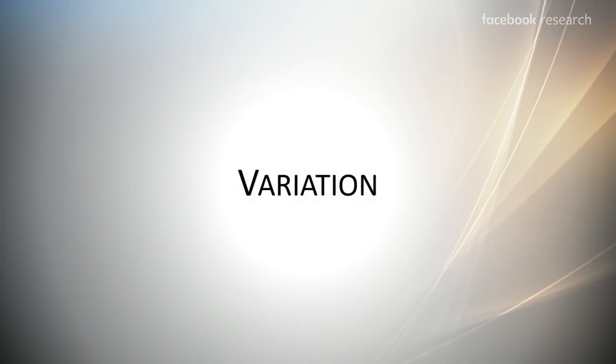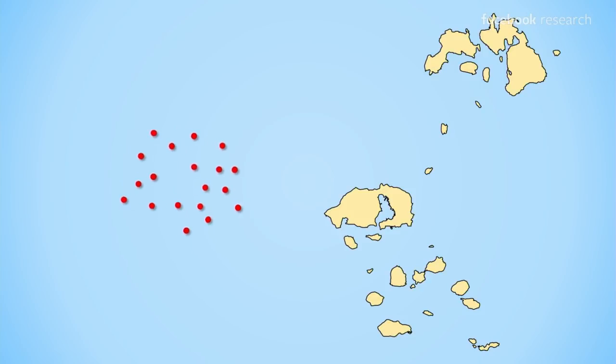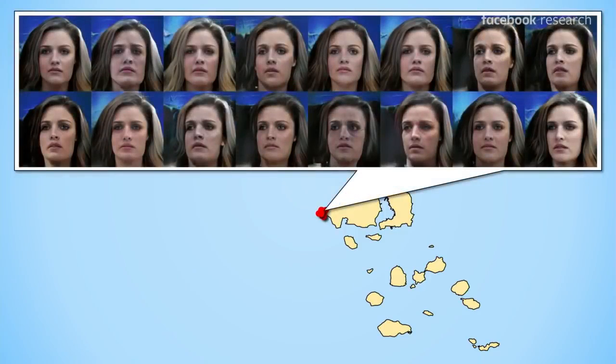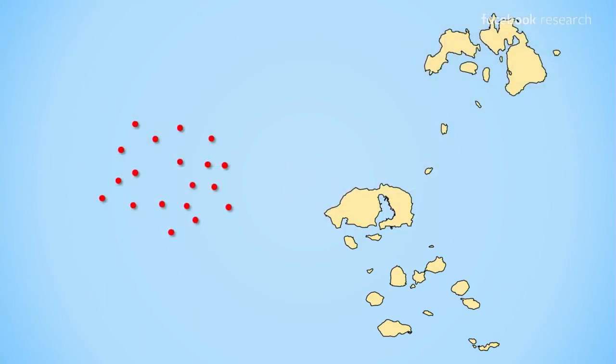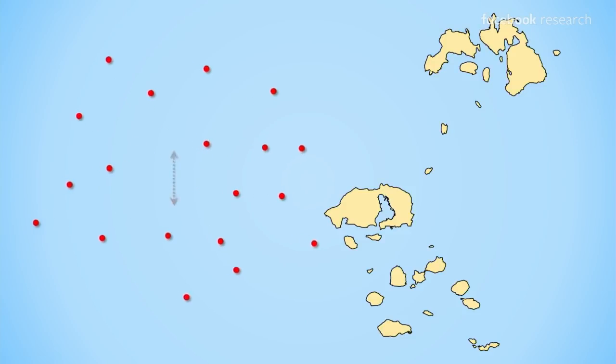Besides quality, we must also consider variation. What often happens is that all of our generated samples flock toward the same nearest shore, and we have a mode collapse right there. In order to avoid that, we need to have some way to force the samples apart and keep them apart throughout the training.